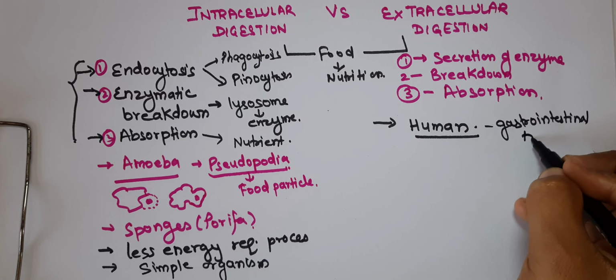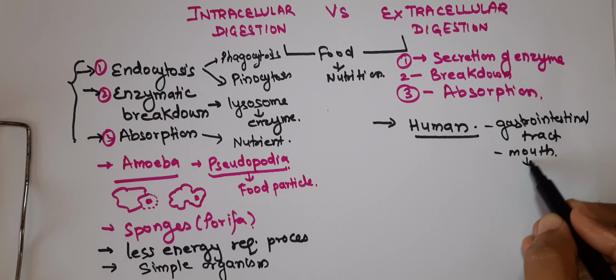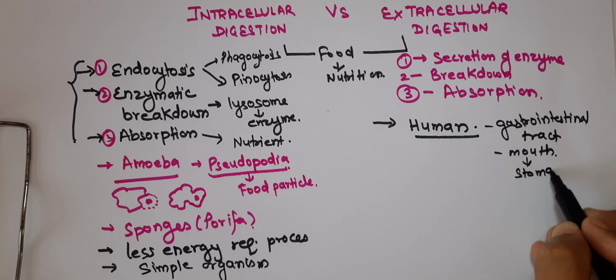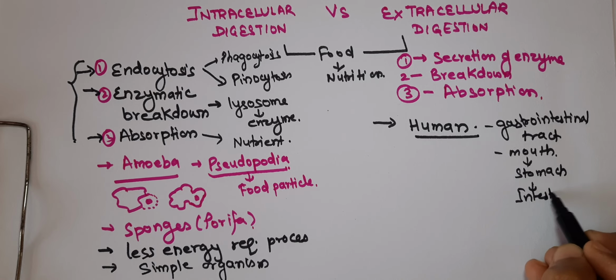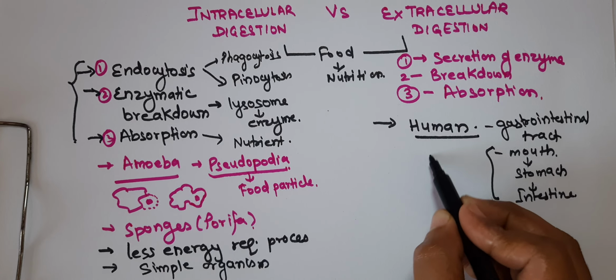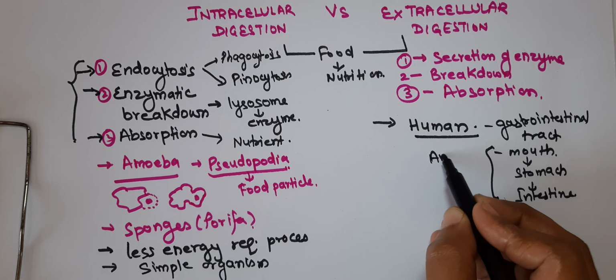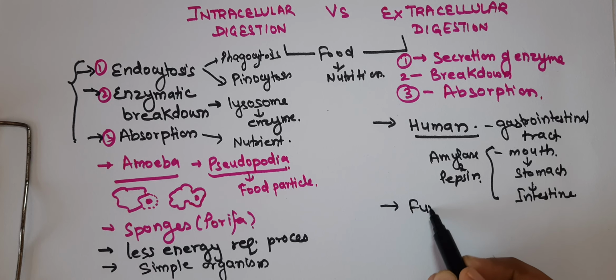This starts with the mouth and continues through the stomach and the intestine, and enzymes like amylase and pepsin work extracellularly. This kind of extracellular digestion is also observed in fungi.